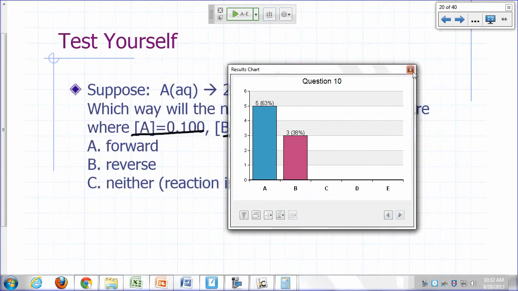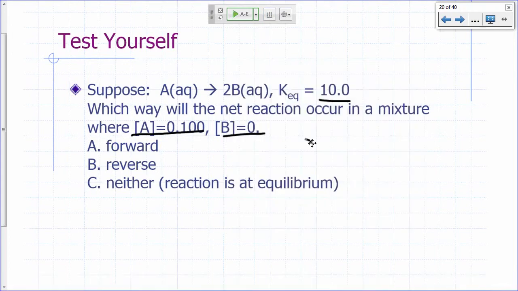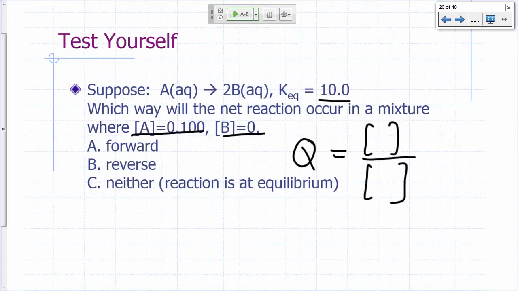What's our Q? How do you calculate Q? Products over reactants. What's our product? B, right? What do you do to B? Squared, and a reactant? A.